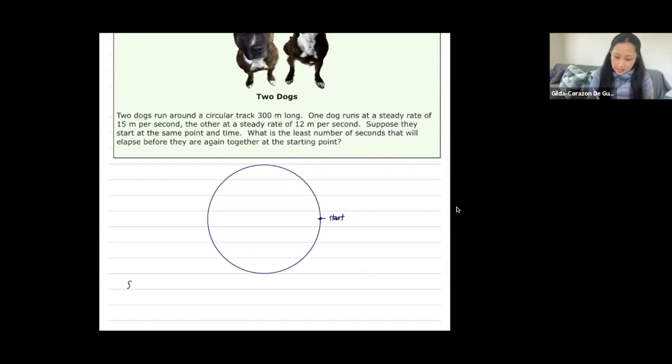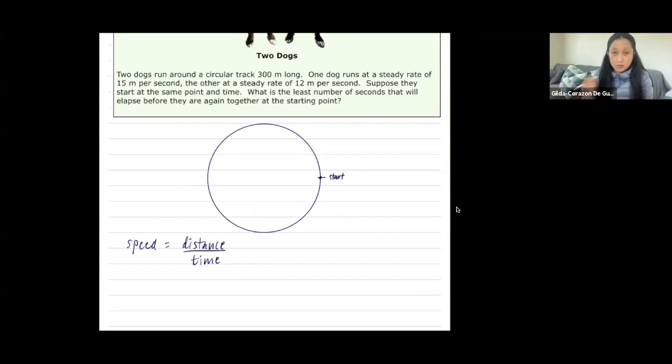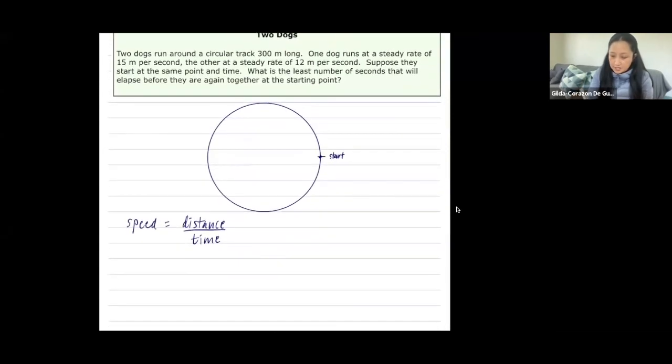So we know that speed is calculated as distance over time. And we want to figure out what time is, because that's what the question asks: what is the least number of seconds that will elapse before they are again together at the starting point?